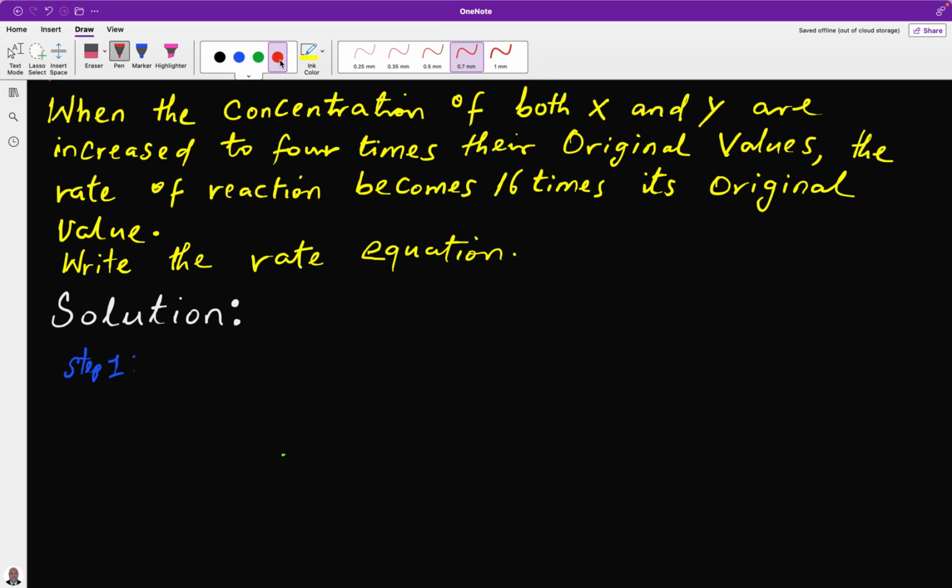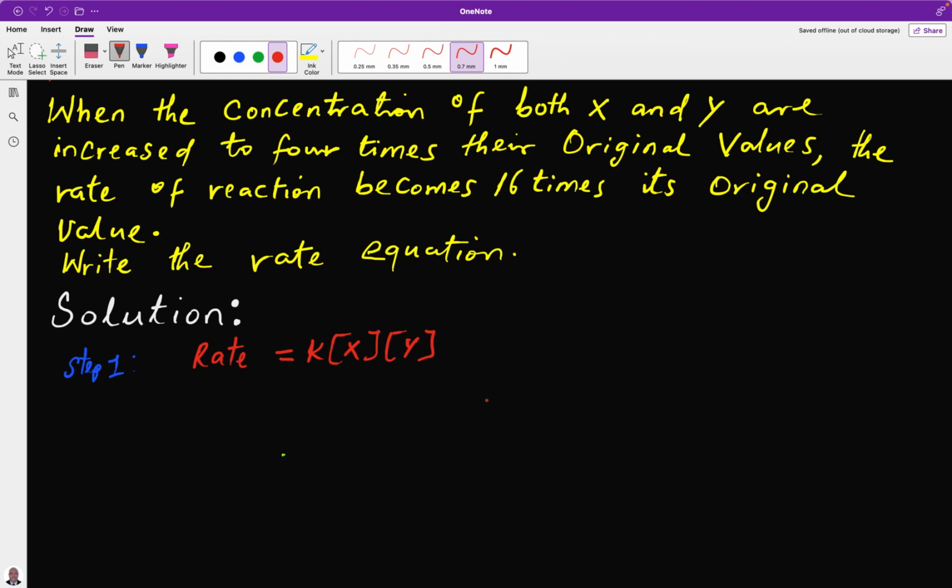Our rate equation will be, according to the rate law, rate will be equals to the constant k into the concentration of x times the concentration of y. That is the rate law.